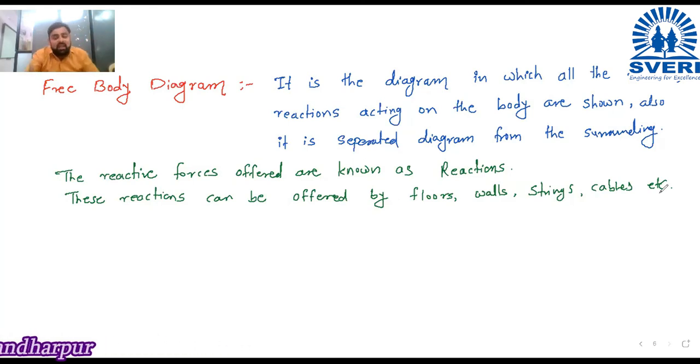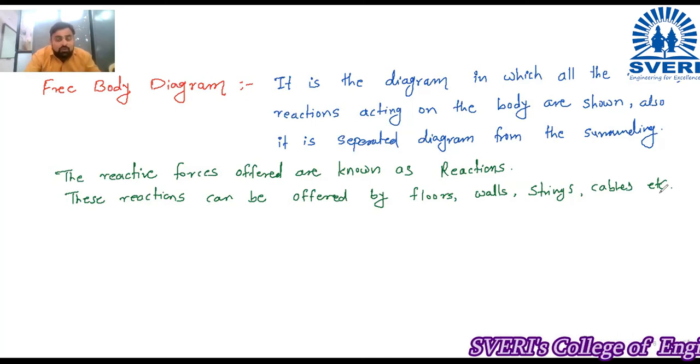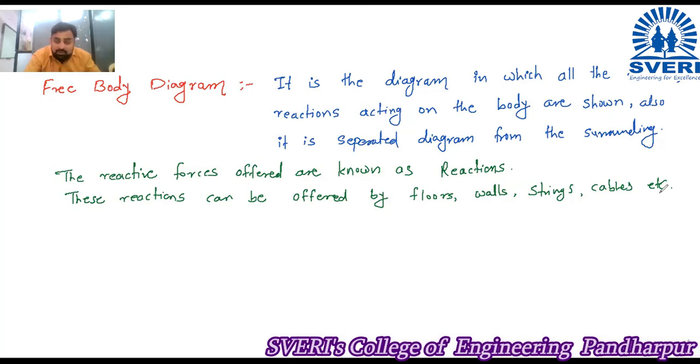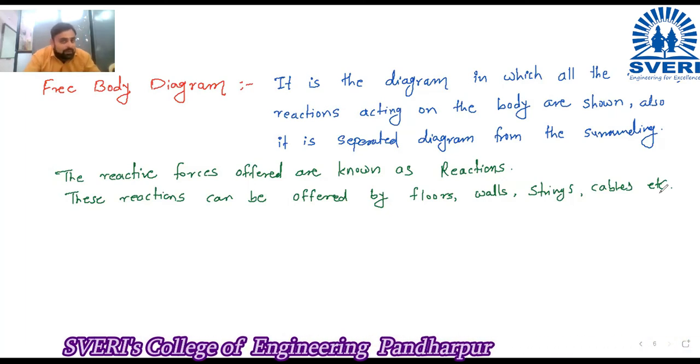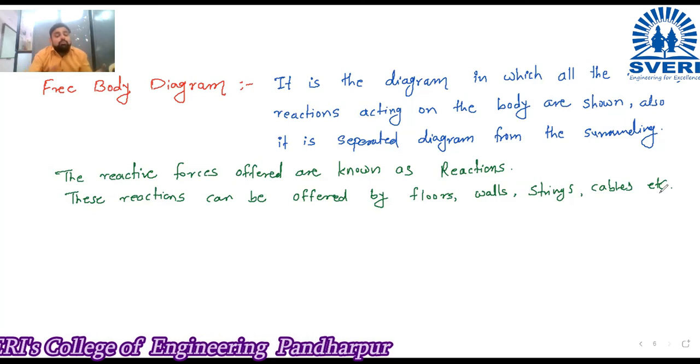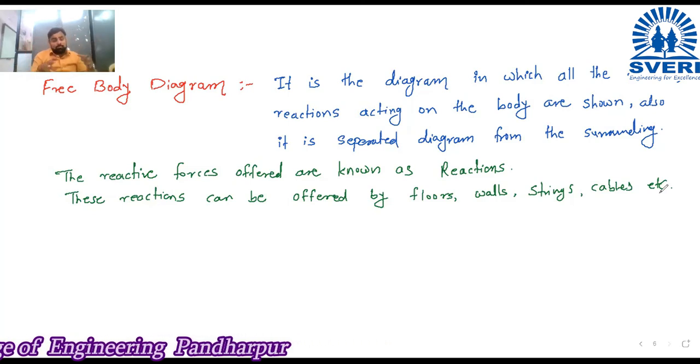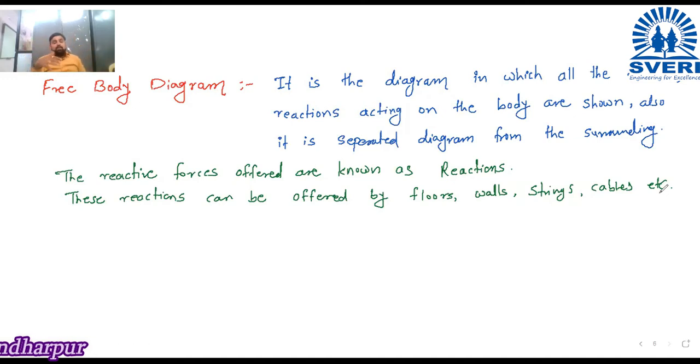Okay. And these reactions, who offers them? The reactions are offered by the floors. Floors always offer the reaction. Suppose while walking there is water on the floor and your foot slips and you fall, you get hurt, right? Why do you get hurt? When you are off balance and about to collapse, what will happen?